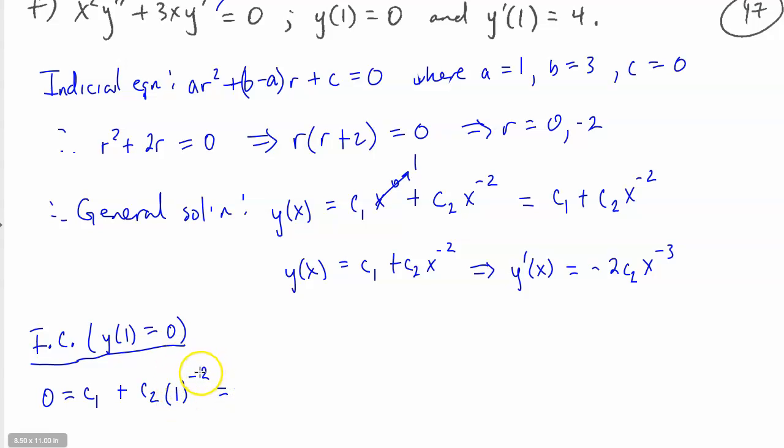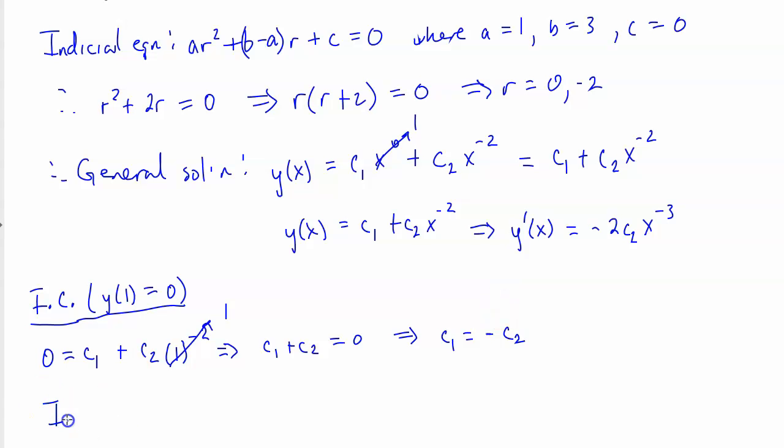And 1 raised to the -2 is just like 1 divided by 1 raised to the +2, and all of this is just going to be 1. So from here, we see that c1 plus c2 is equal to 0, which is just another way of saying that c1 is the negative of whatever c2 is.